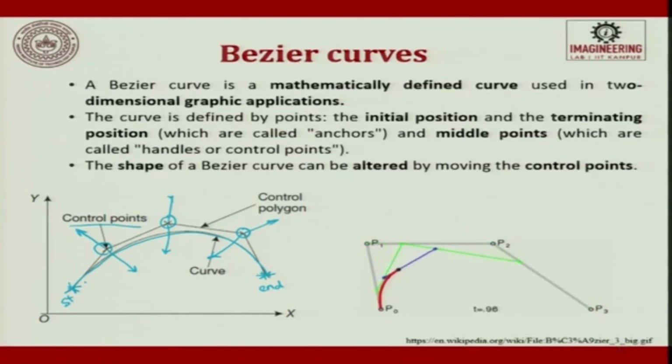Now we are trying to go back to our parametric form. If I can establish these control points into a parametric value and then link it with the start point and end point, then this curve also becomes easy for representation. So here is a simulation. P1, P3 are start point and end point.